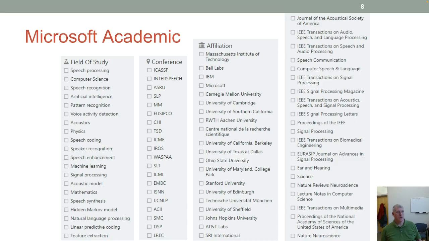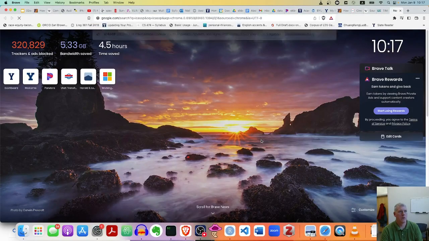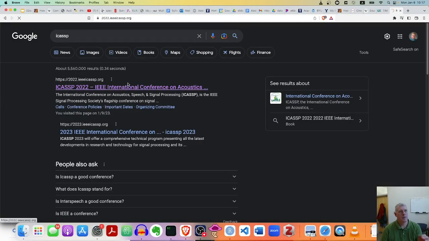Okay, so on the left-hand side, field of study, speech processing deals with computer science and speech recognition. These are all kind of related here. The second column, conferences. Let's take a quick look at some of these conferences. ICASSP, Interspeech. Let's take a look at those real quick. If I just simply Google ICASSP, a recent ICASSP here.